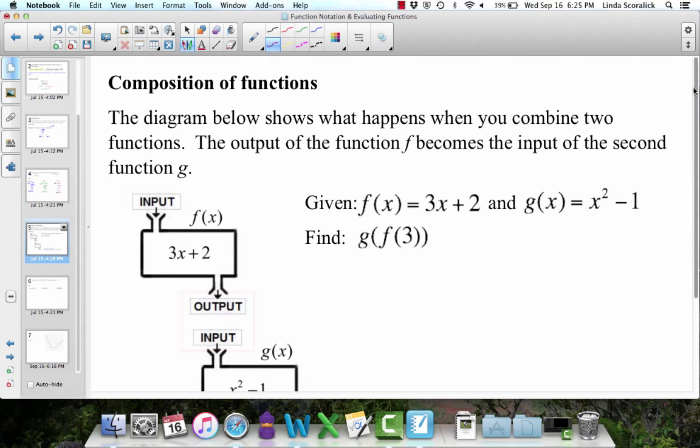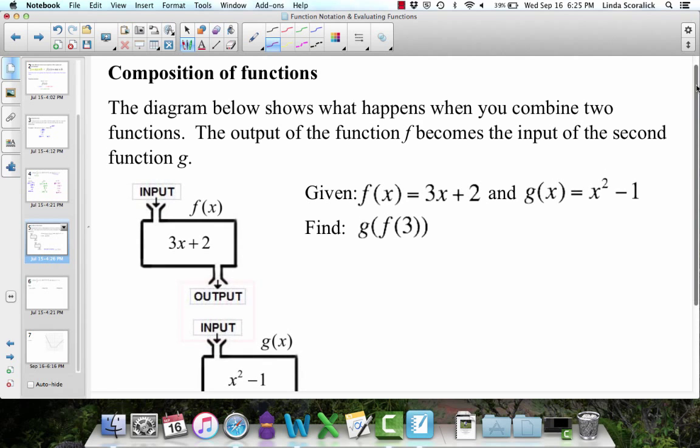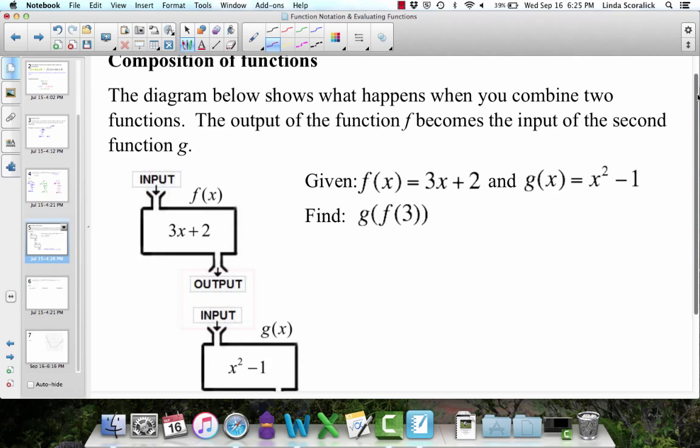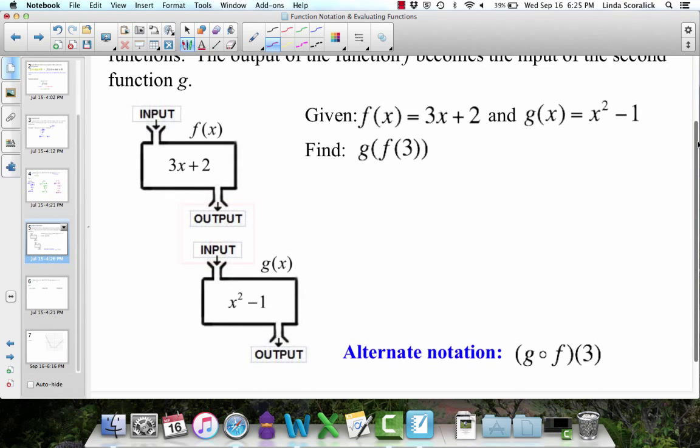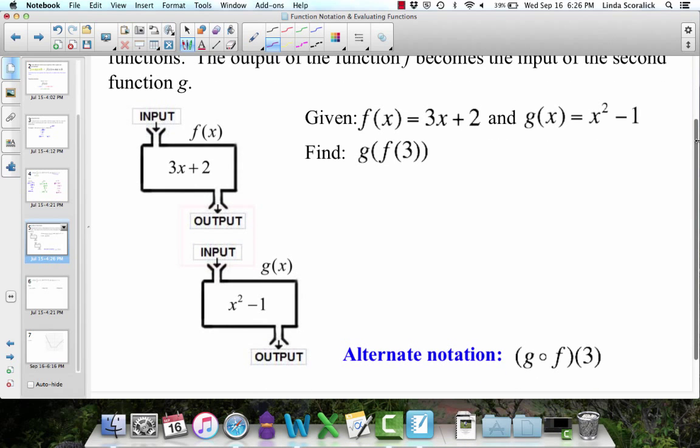Composition of functions, basically what this does is it combines two or more functions. And I like to think of this in terms of a manufacturing example. Basically what we do is we put some kind of an input here into a machine. So the input goes in here.